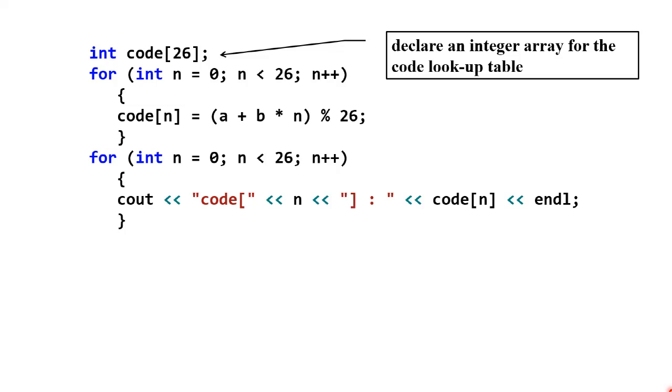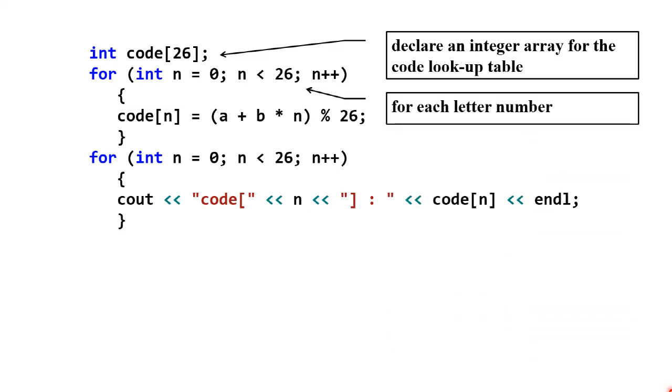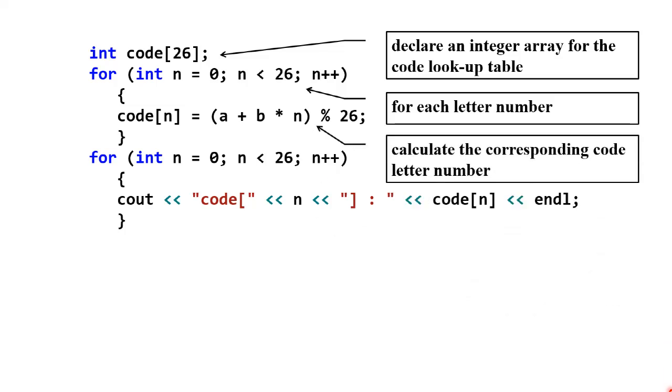The for loop simply loops through all 26 elements in this array, one for each letter number from 0 to 25. Then we have the equation that calculates the corresponding code letter number.